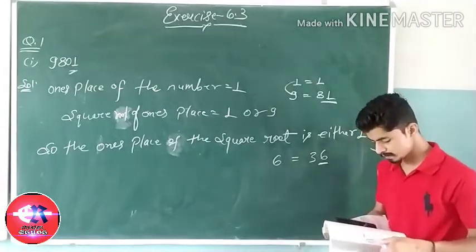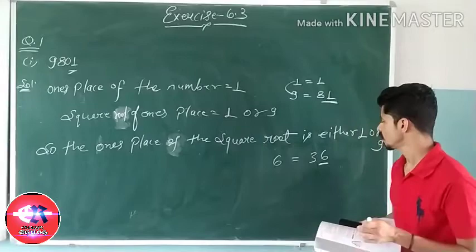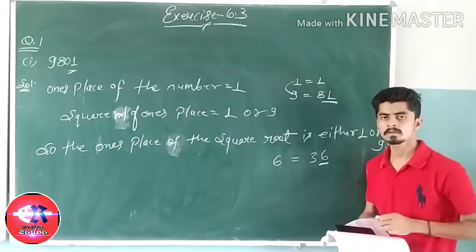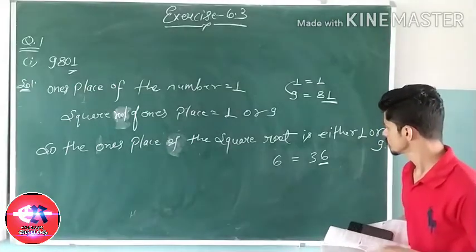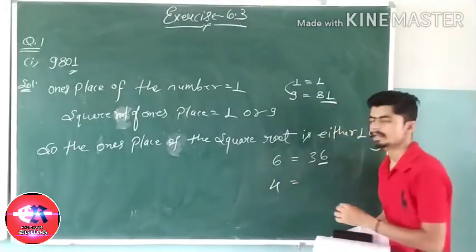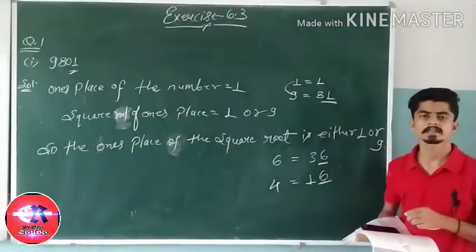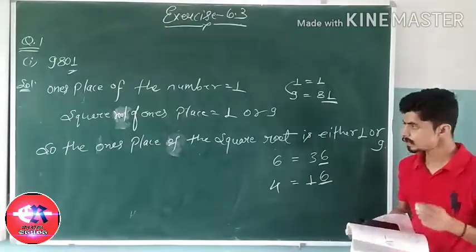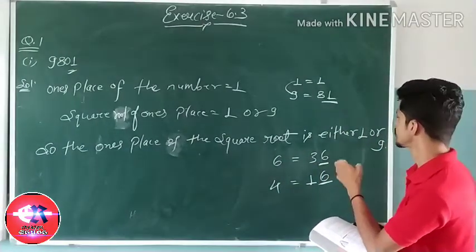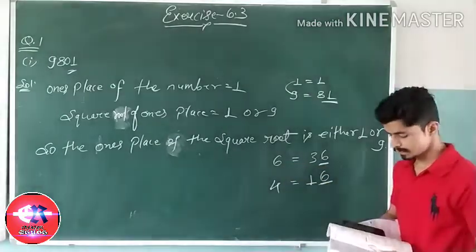So that means 99,856 can have a square root whose ones place is equal to 6 or 4 also. If we square 4, we get 16. In this case we also get 6 at the ones place. So similarly, the ones place of the square root is either 4 or 6.